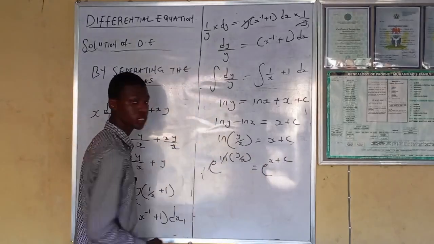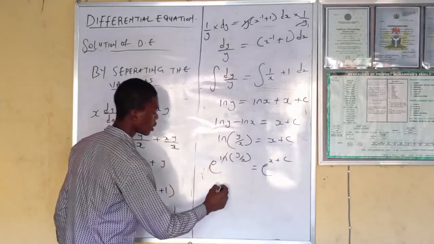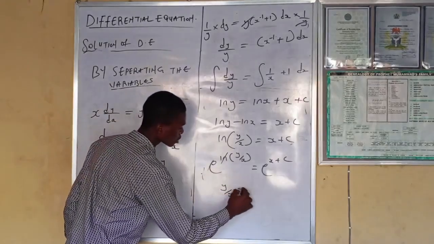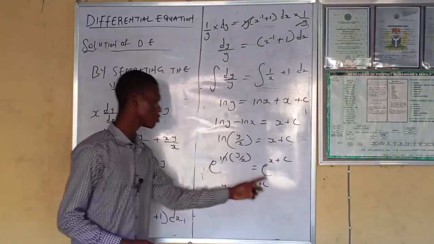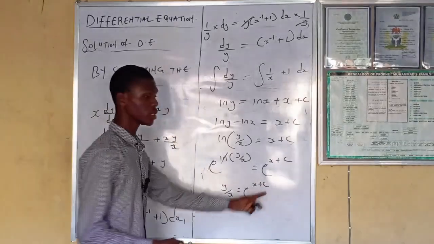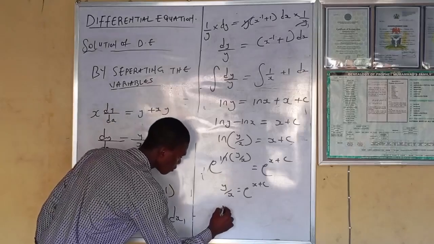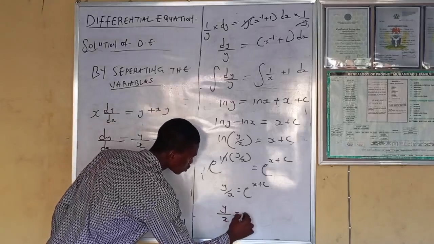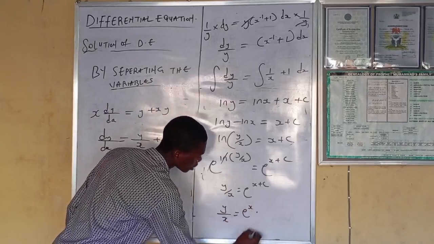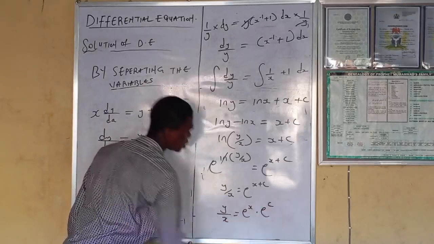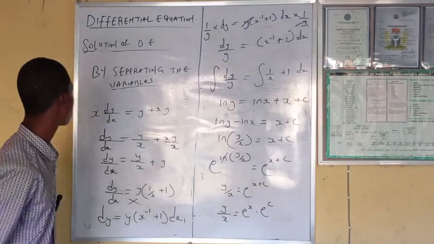Exponential cancels ln, we are left with this. Then you have y over x equals exponential x plus c. From logarithm or from indices, you have y over x equals exponential x multiplied by exponential c.